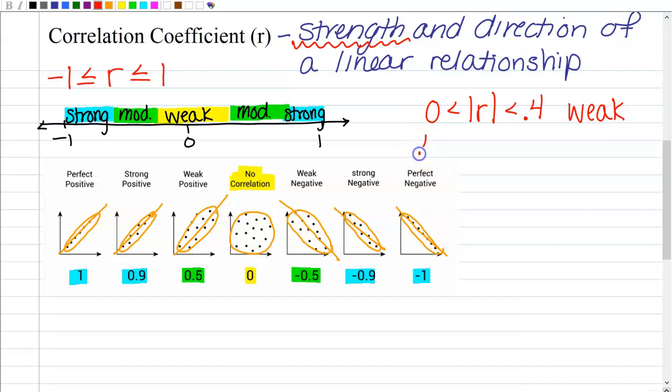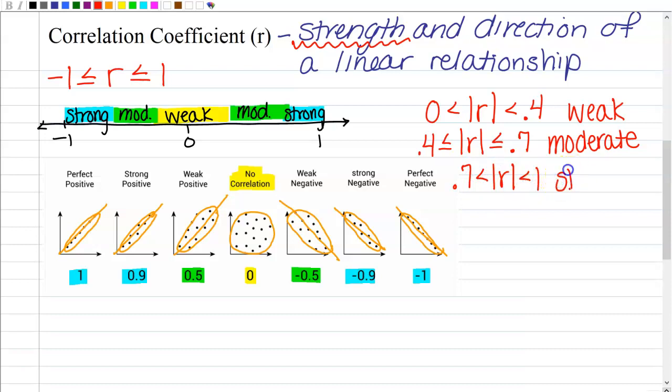If the absolute value of R is greater than or equal to 0.4 and less than or equal to 0.7, we would describe that as a moderate correlation. And last but not least, if the absolute value of R is greater than 0.7 but less than 1, we would describe that as a strong correlation.